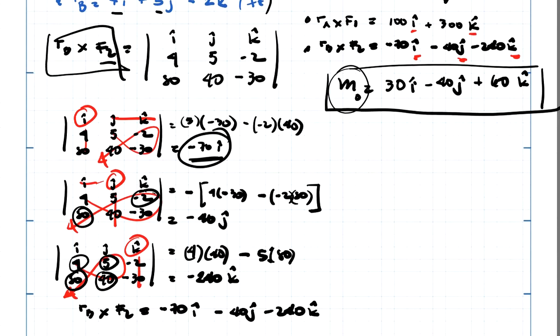Okay, so all in all, our moment is 30I minus 40J plus 60K, and we can plot this in our X, Y, and Z to show it in the coordinates.